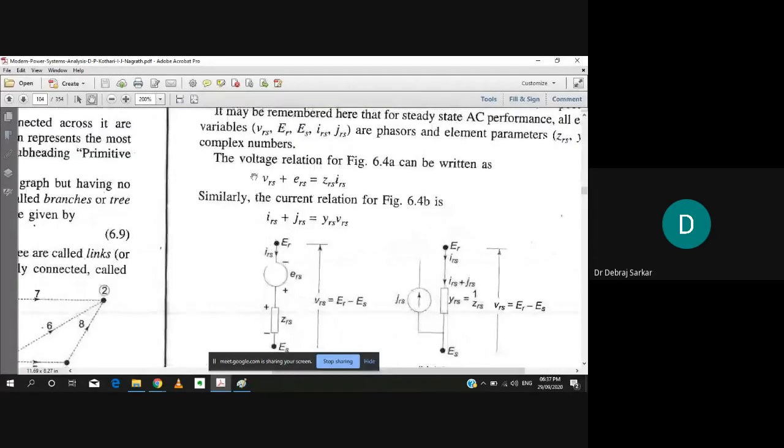With this circuit, or this branch, you can write this equation: VRS, that is the voltage across this entire set of elements, plus ERS, that is this voltage, is equal to ZRS into IRS.